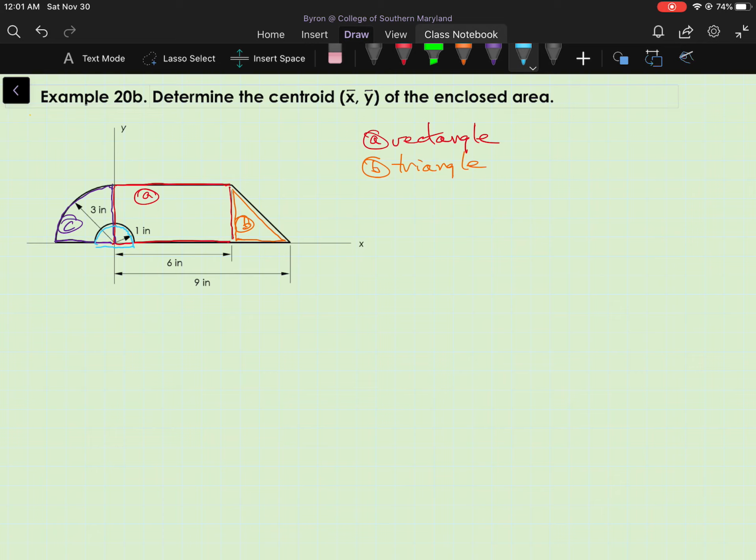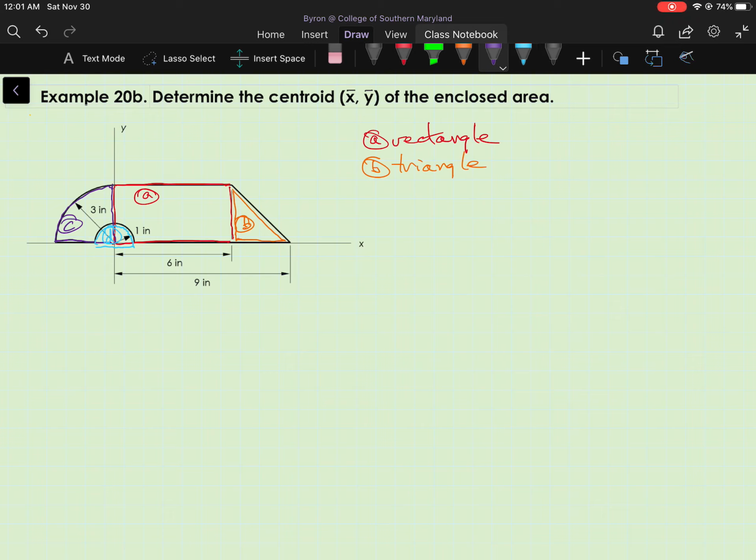So if I just solve the problem with the simpler areas, A, B, and C, it wouldn't take into account that there's area missing right around the origin where that semicircle is. So I need to also include that shape, and I'm going to call that D. Okay, and I need to treat that as negative area.